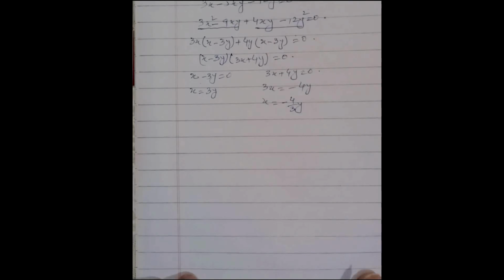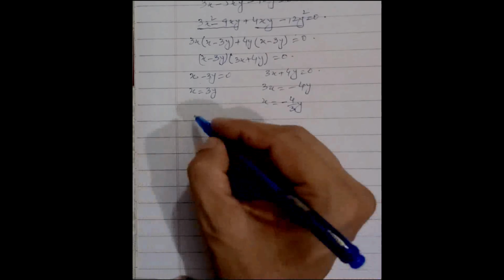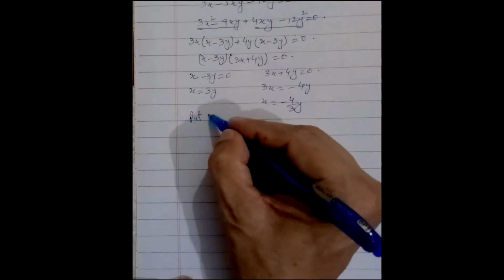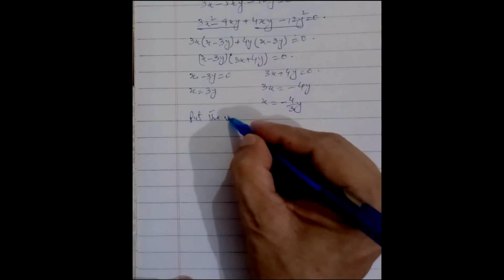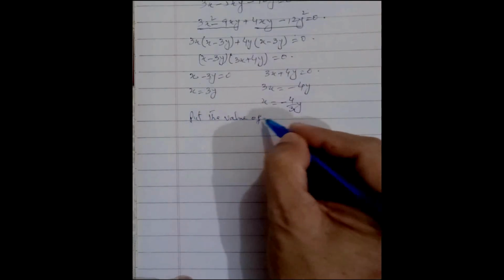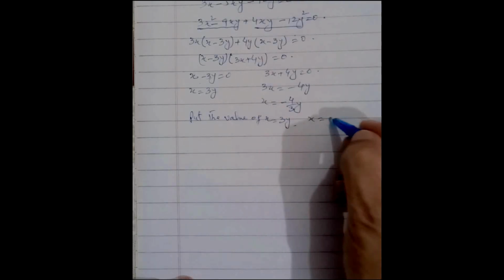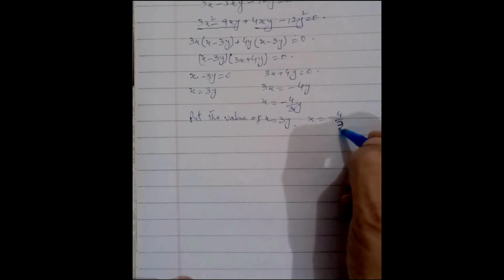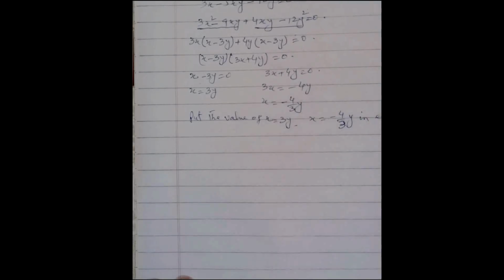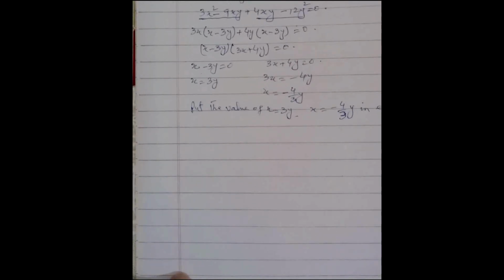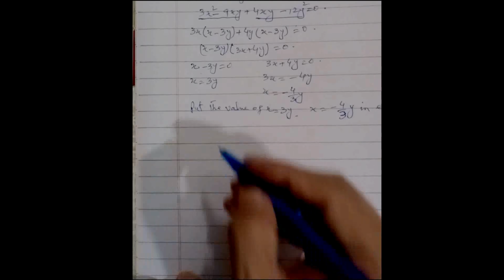So we put these two values of x, x is equal to 3y and x is equal to minus 4 over 3y, in equation 1 and then solve it.